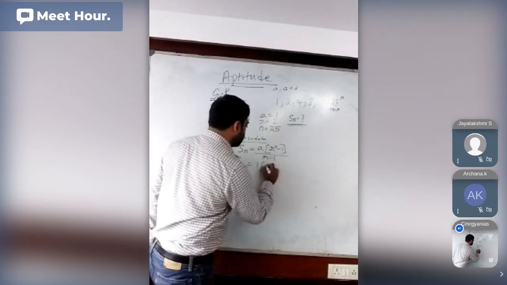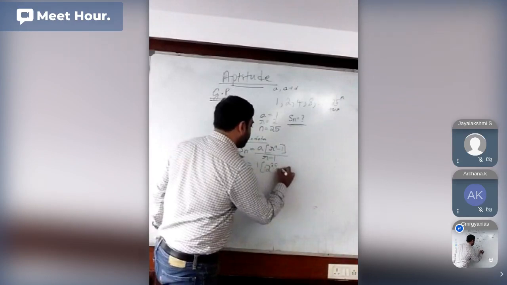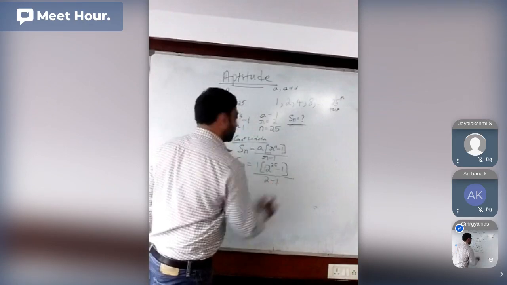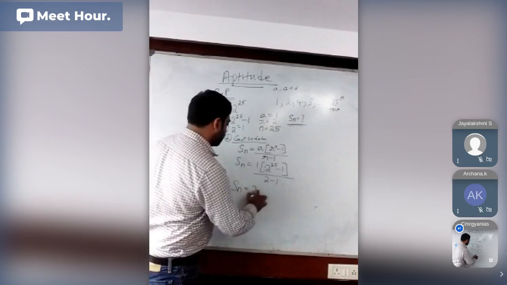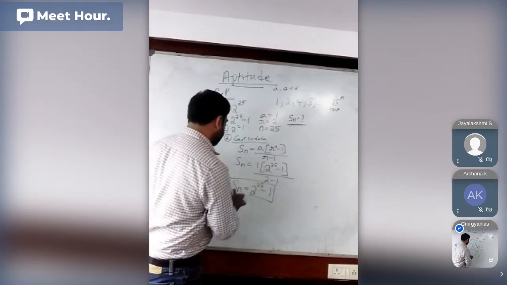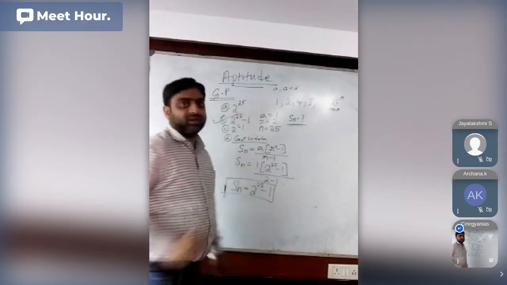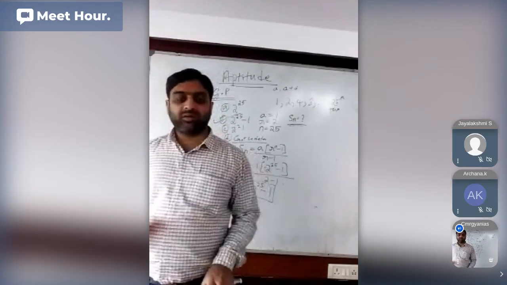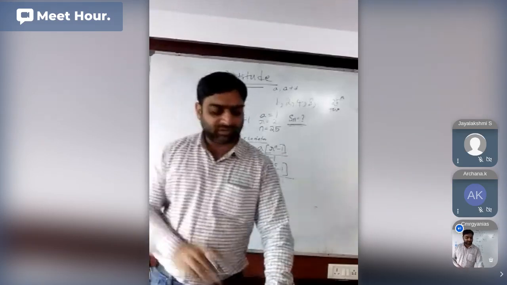R is how much? 2. 2 to the power 25 minus 1, divided by R minus 1, which is 2 minus 1. Hence, the answer is simple. S of n is equal to 2 to the power 25 minus 1. This was the correct answer. This was a very simple 10-second, 20-second question which had to be solved.